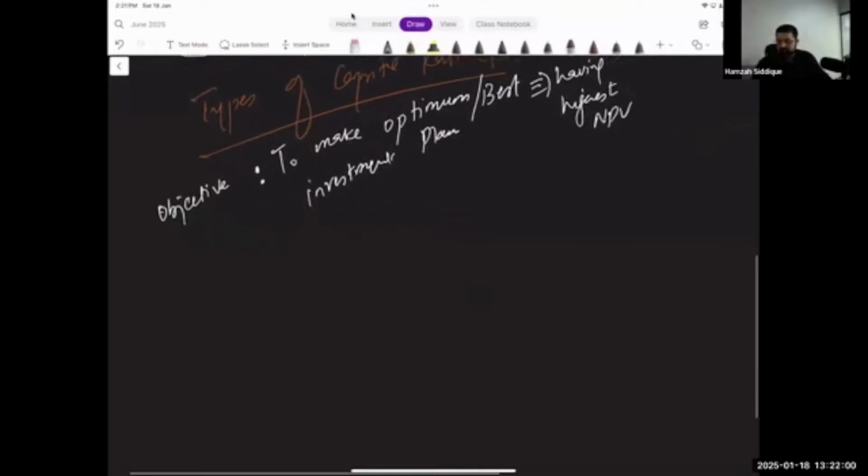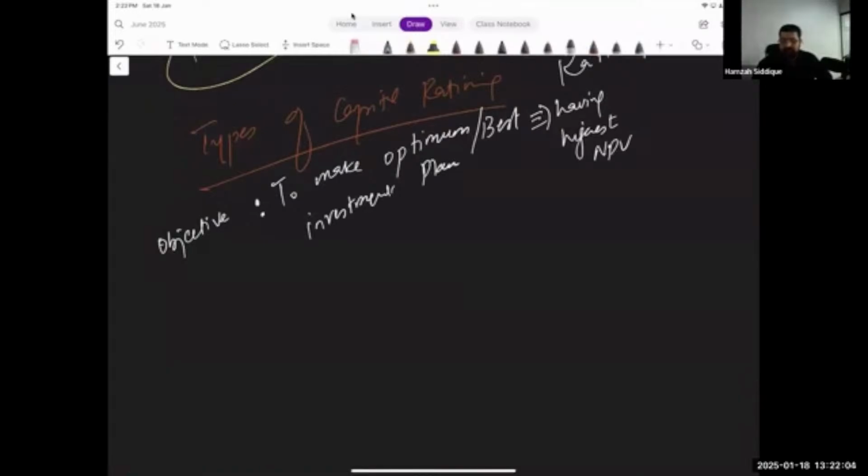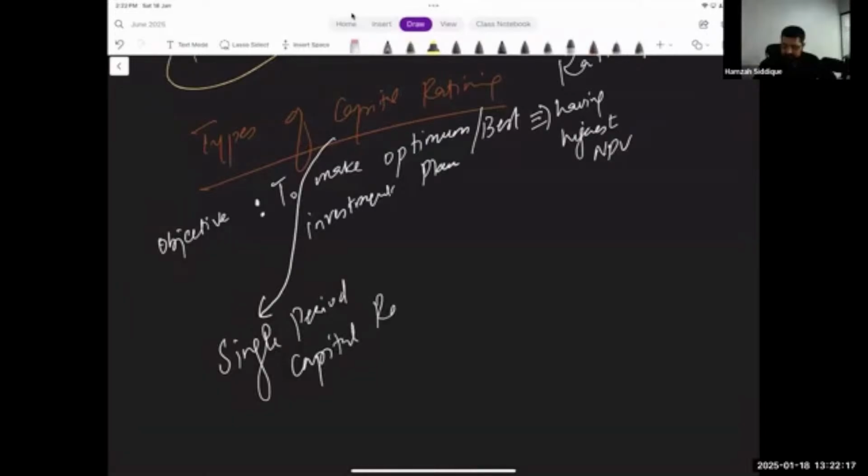So the types of capital rationing we are going to talk about. The first type is single period capital rationing. Second is multi-period capital rationing.